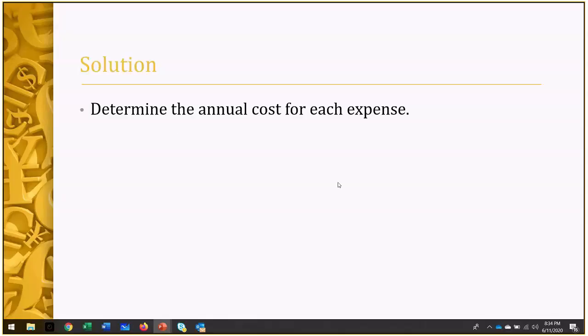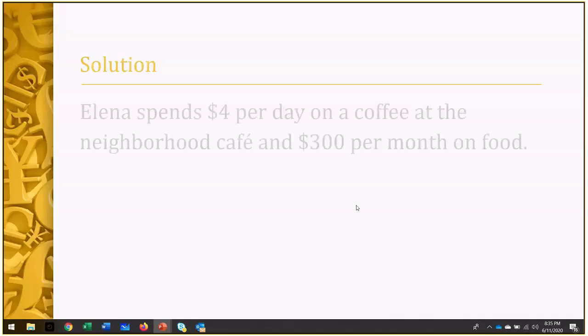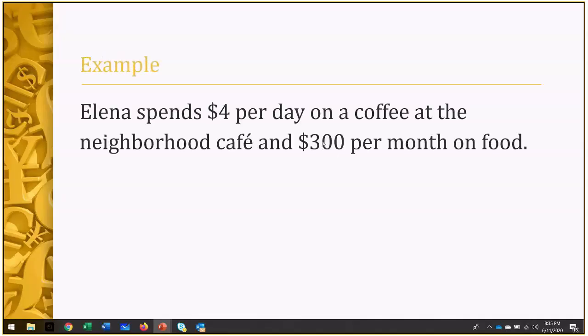So I started with that. 4 times 365 gave me $14.60. That's how much she spends a year on coffee. Then I'm going to change the $300 per month to a yearly amount by multiplying this one by 12 because there's 12 months in a year.